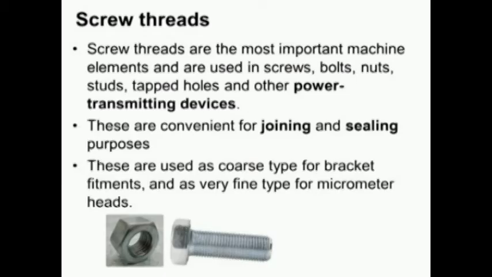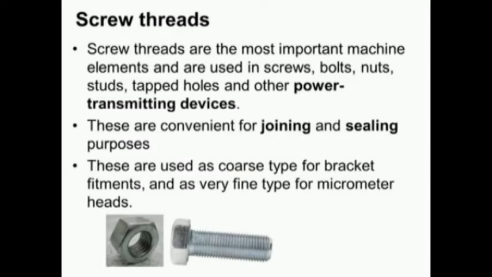Now we will try to understand the general aspects of screw threads. These are most important machine elements, and are used in screws, bolts, nuts, studs, tapped holes, and other power transmission devices. So they are convenient for joining and sealing purposes.